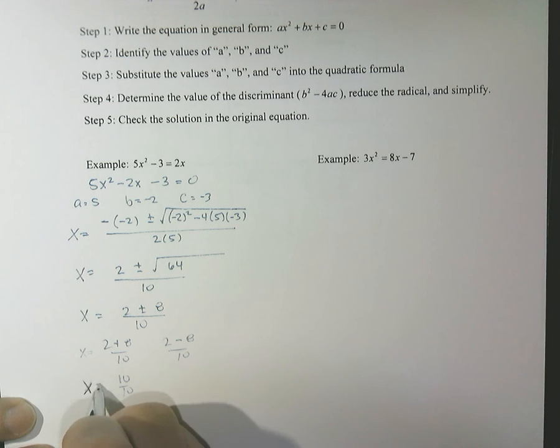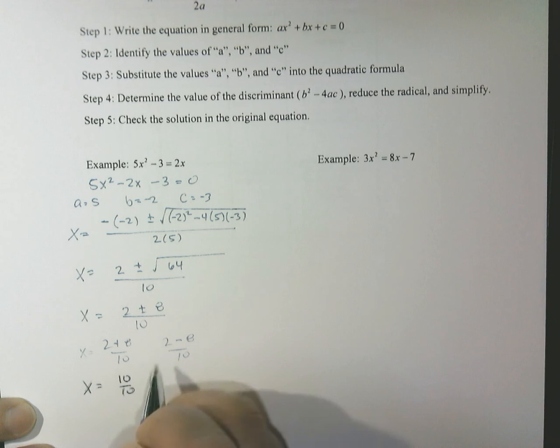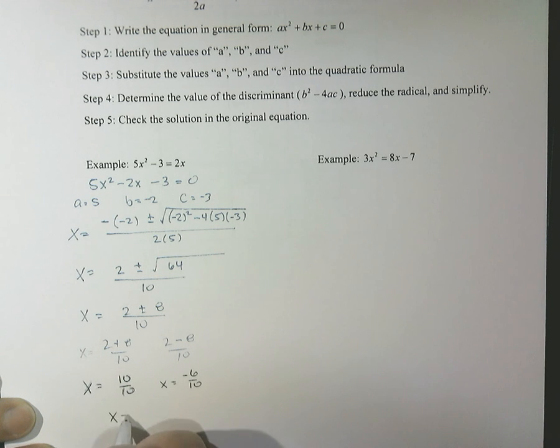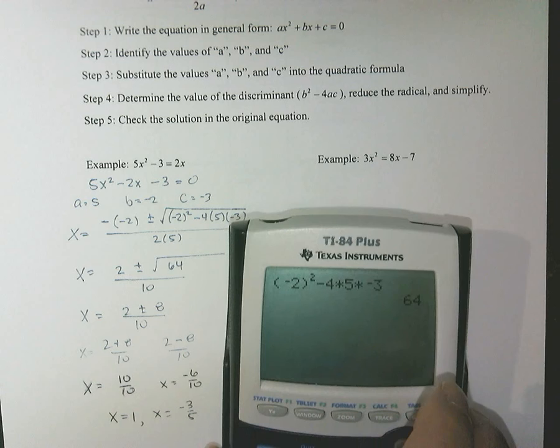So I have x equals 10 over 10 and x equals negative 6 over 10. So I'm going to have x equals 1 and x equals negative 3/5. And I would check it in my calculator.